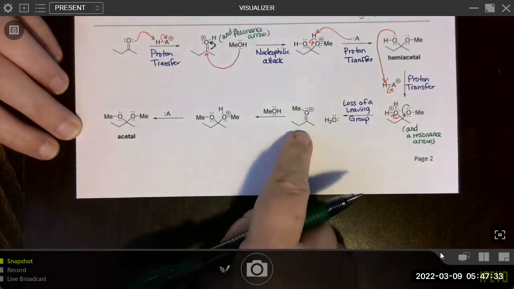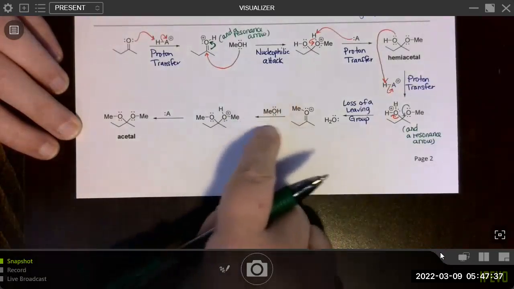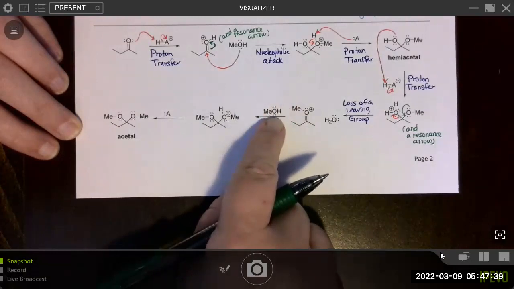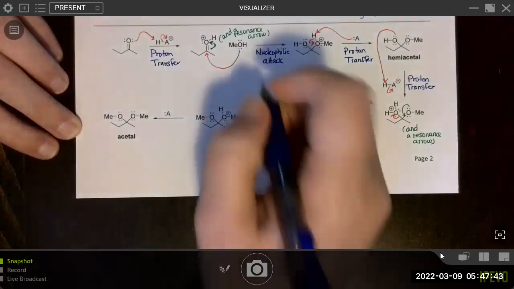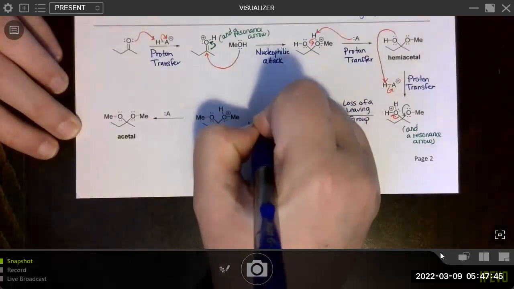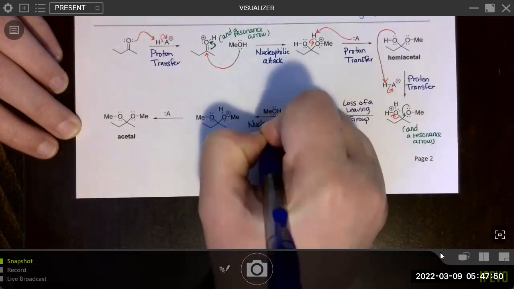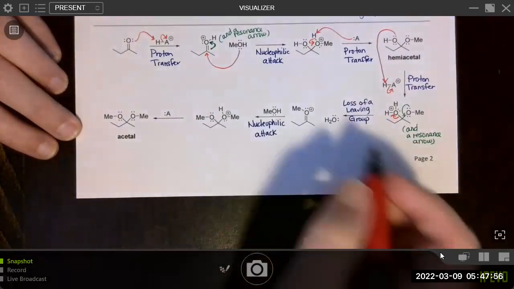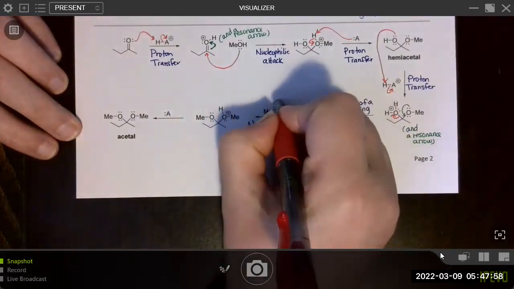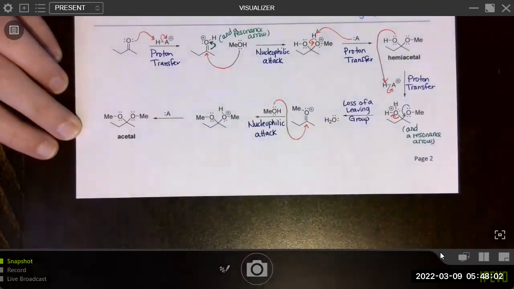Okay, looking from here to here, we see what's changed. And it looks like the methanol is now going to be incorporated into the molecule. This will be a nucleophilic attack. Remember, those commonly also involve a resonance arrow. The actual nucleophilic attack is that arrow, right?